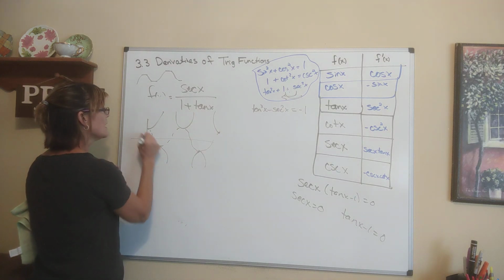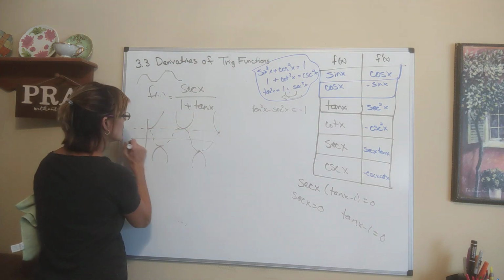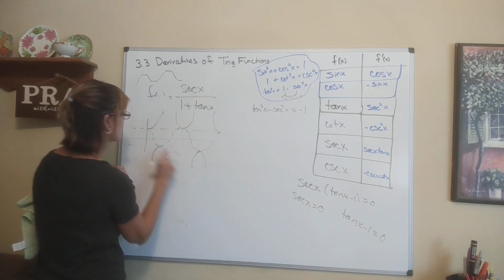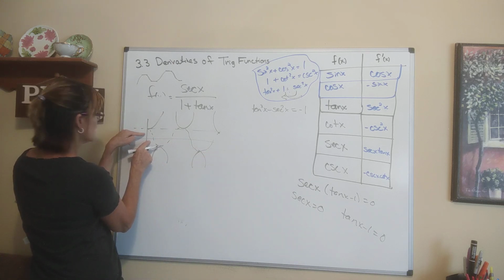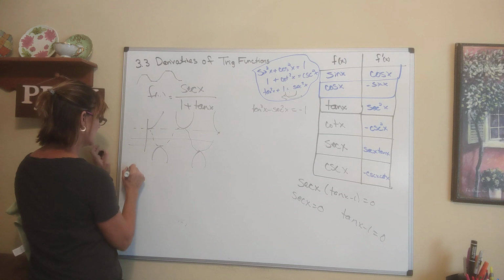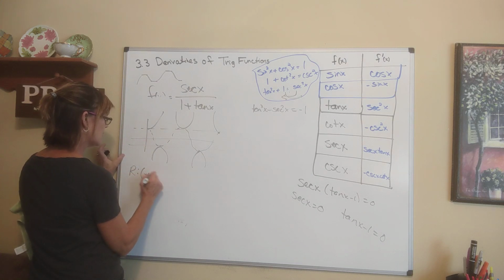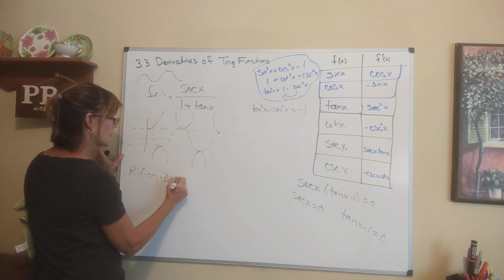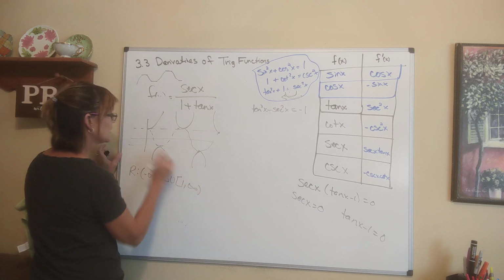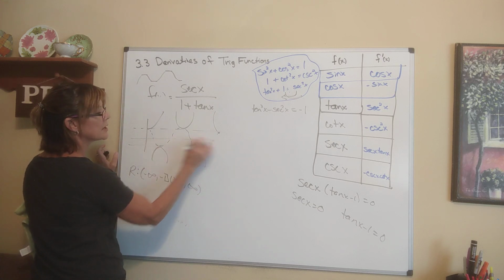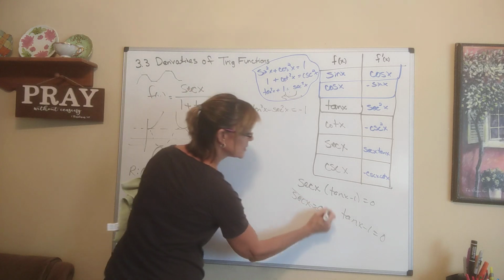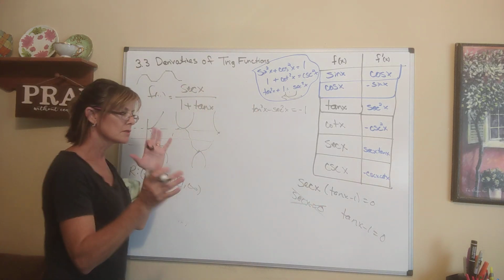Do you remember that? So when will the secant equal 0? The zero is in this part. The range of secant is -infinity to -1 and 1 to infinity. So the secant will never equal 0. It's undefined there. So this produces no answers.